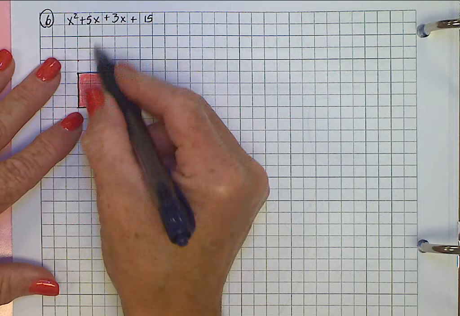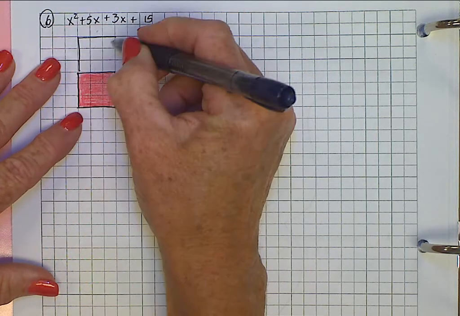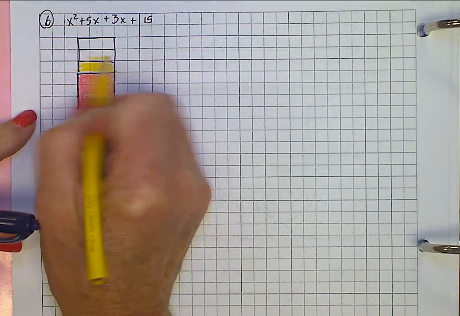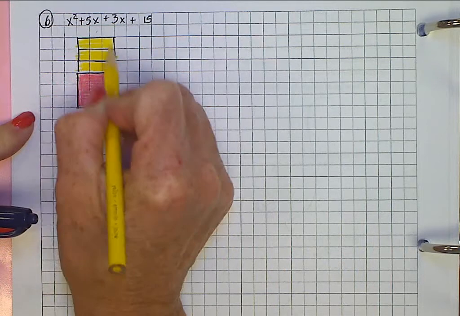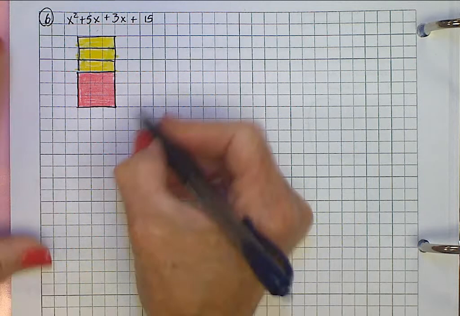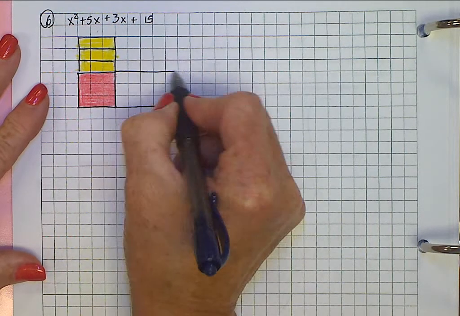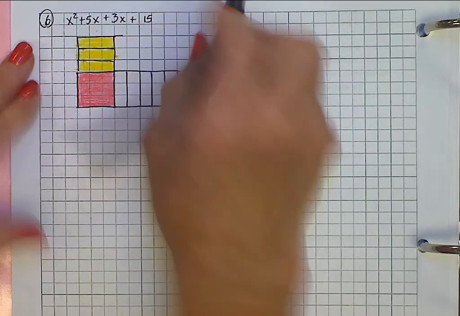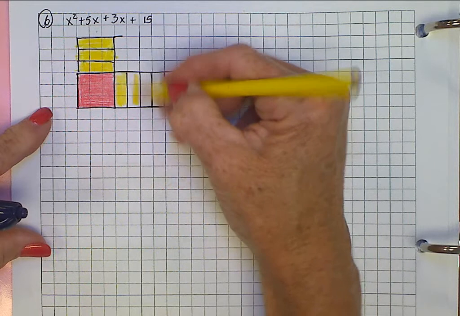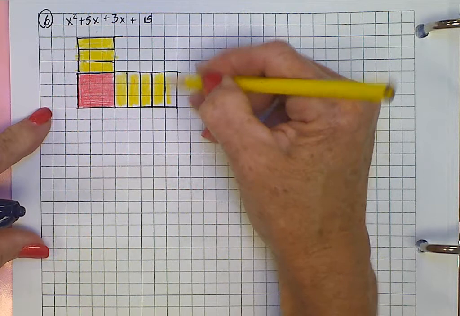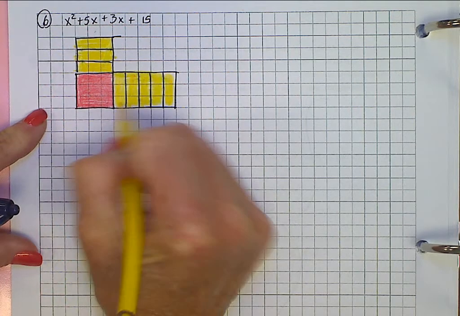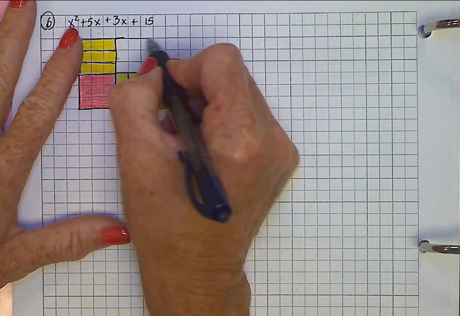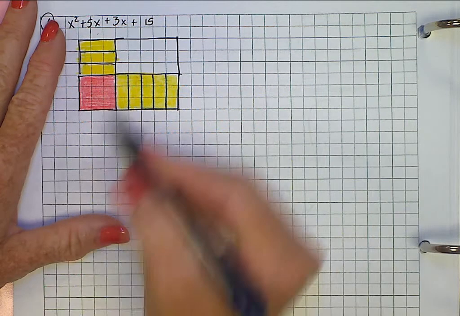See, I can't fit 5 up there, so I can put the 3 here, and we're going to put the 5 here. Completing out that rectangle, so we'll just draw this piece.